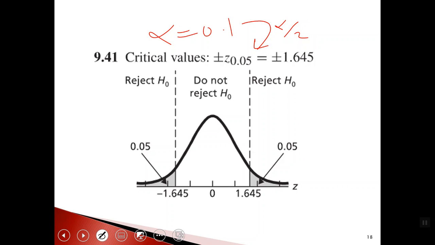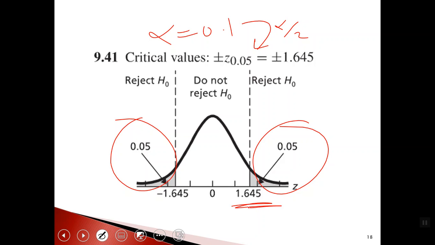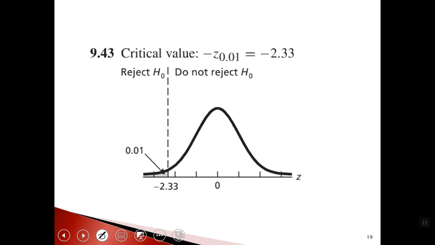It is 1.645 for the positive one, but you will have these two sides, so you have to take the value with a different sign, positive, and the other one negative. Clear? Okay, this is the Z value, I think for the left tail test case, Z 0.01 left tail.